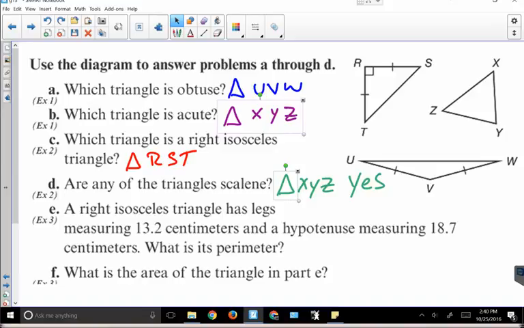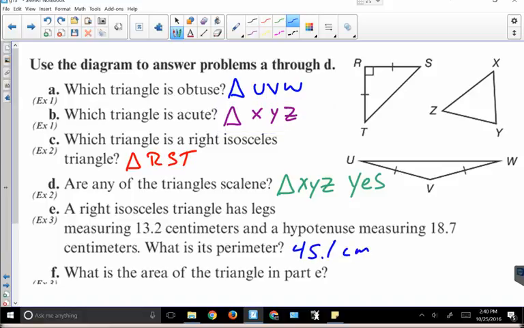So, let's see, that puts us now, we don't want to pick on Parker again. Christopher. Yeah, I know, but he's already answered the question. So, 45.1. Are you sure? Centimeters. So, if that's the case, it says 13.2 centimeters.